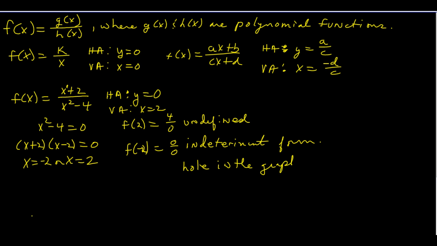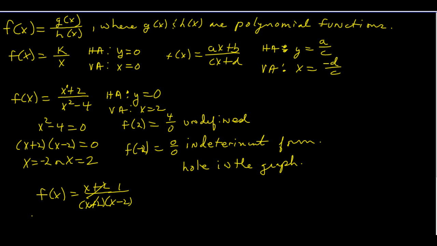Now, why does one come out to be a hole in the graph and the other a vertical asymptote? Well, if you think in terms of taking our original equation, f of x is equal to x plus 2 over x squared minus 4, and factor that bottom, x plus 2 times x minus 2, we can see that the x plus 2's will cancel out.